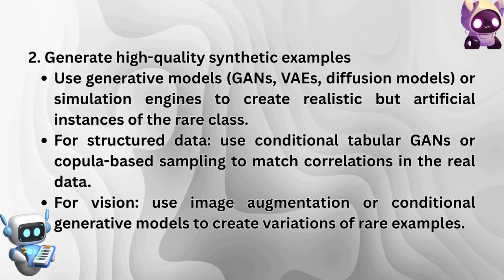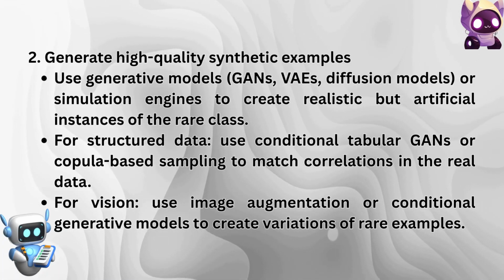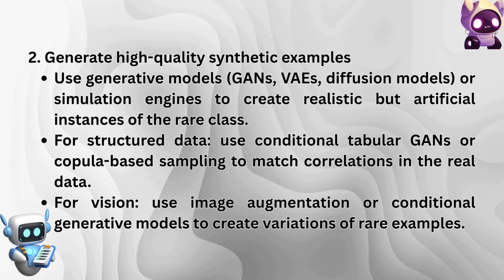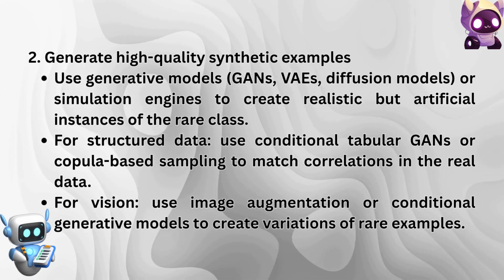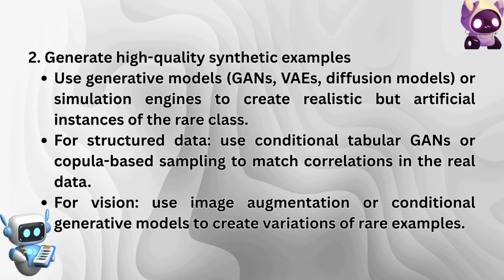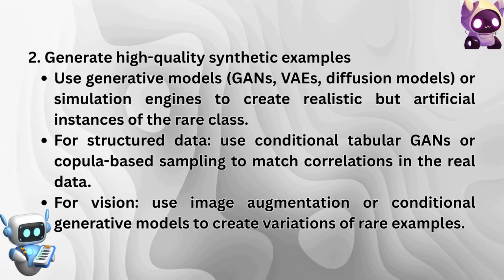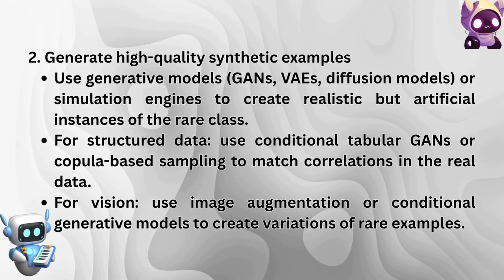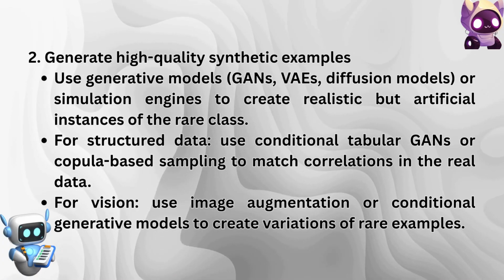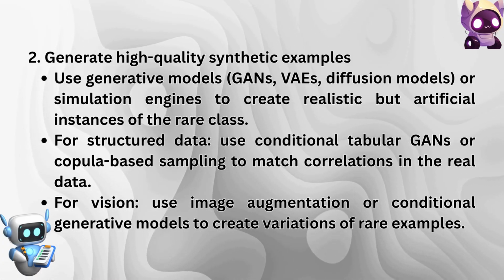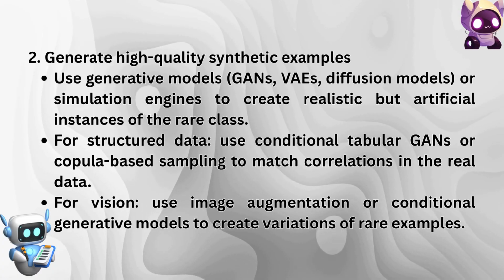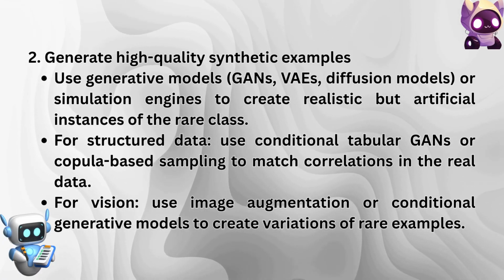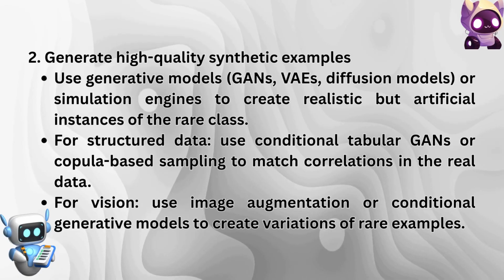Use generative models, GANs, VAEs, diffusion models, or simulation engines to create realistic but artificial instances of the rare class. For structured data, use conditional tabular GANs or copula-based sampling to match correlations in the real data. For vision, use image augmentation or conditional generative models to create variations of rare examples.